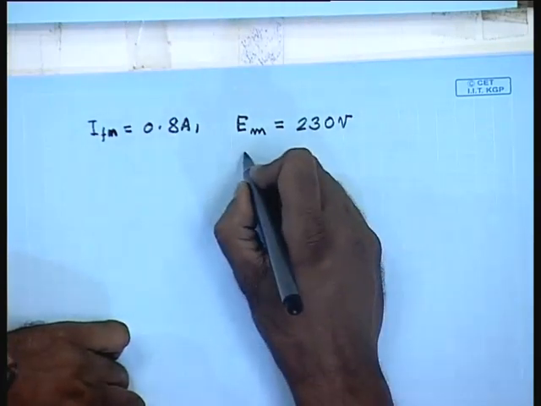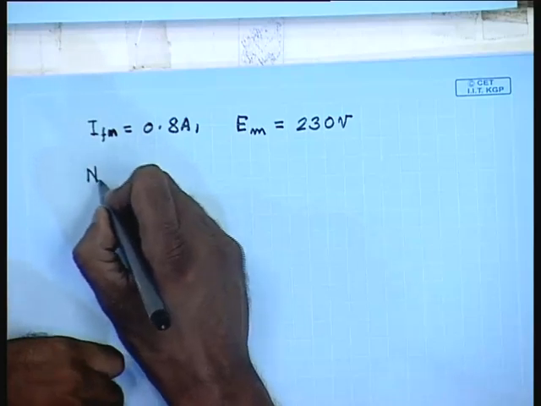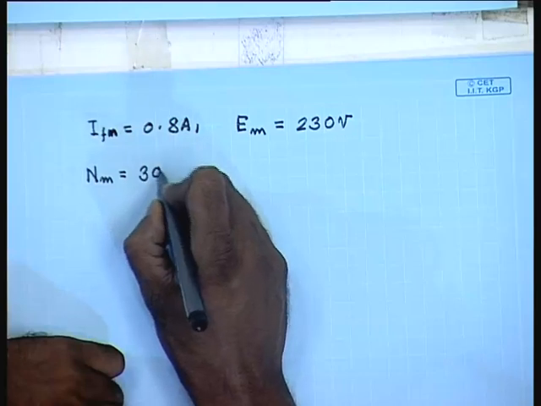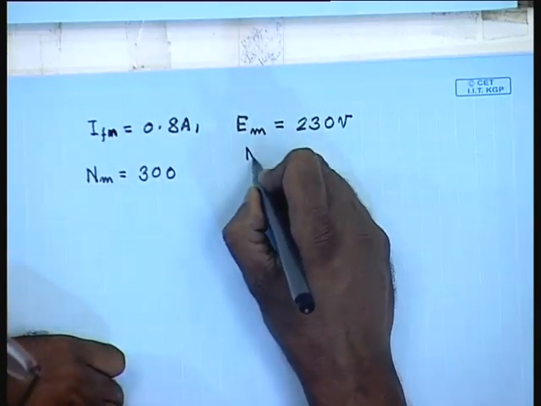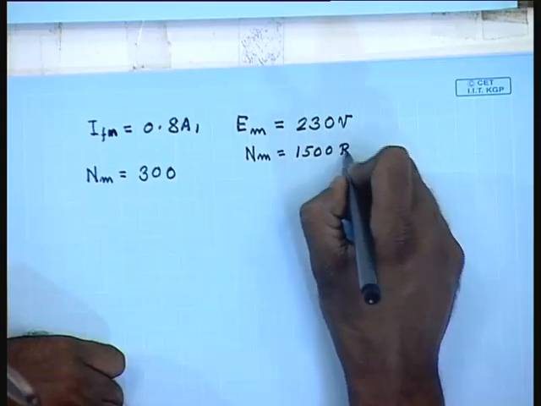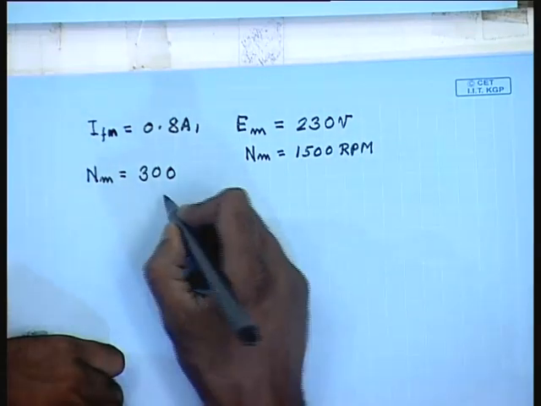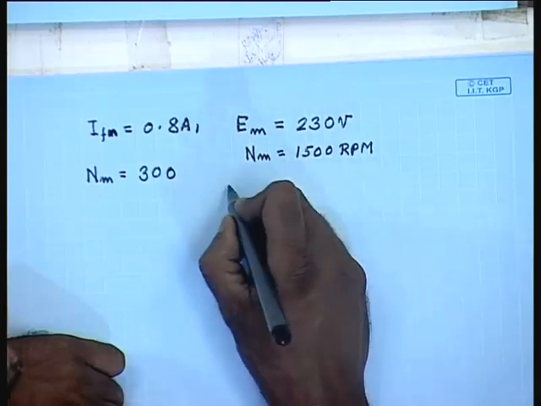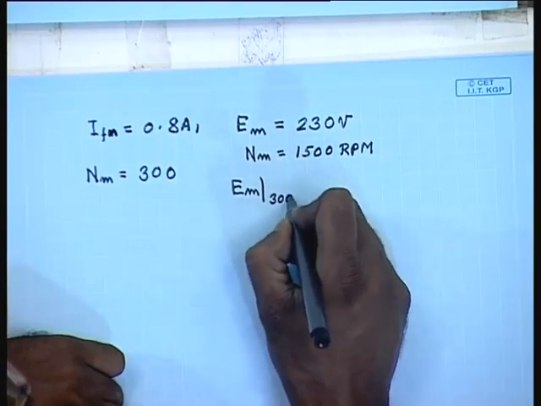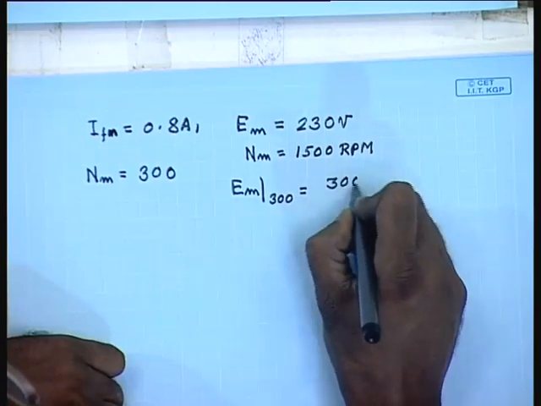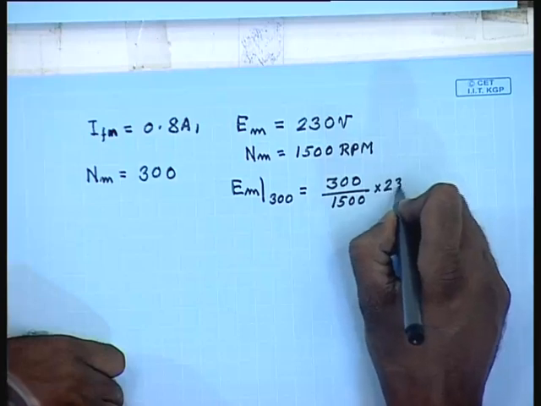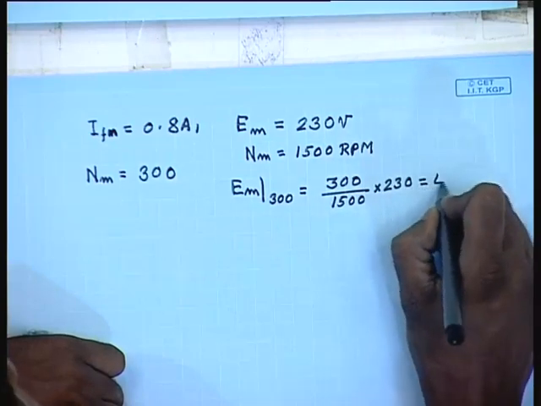So, for motor speed Nm equal to 300 rpm, and this is at Nm equal to 1500 rpm. At Nm equal to 300 rpm, Em at 300 rpm will be 300 by 1500 into 230 equal to 46 volts.